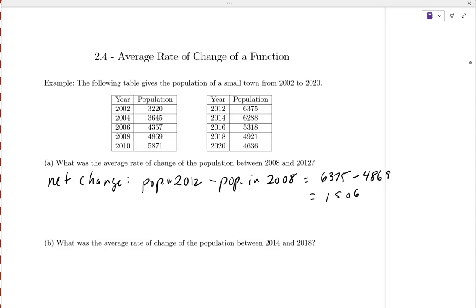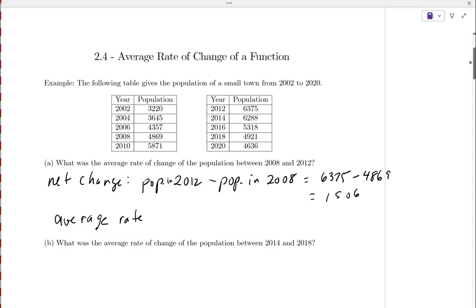How long did it take for that change to happen? How many years did it take for that change to happen? 4 years, right? So if you want average rate of change, what do you think you want to do with that 1506? Divided by 4, exactly.